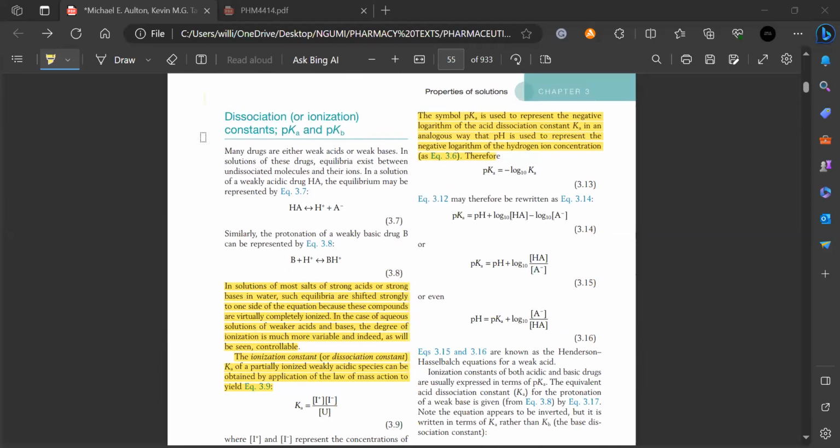So now we'll introduce the dissociation constants. Basically, this is just the reaction of an acid, and this is the reaction of a base.